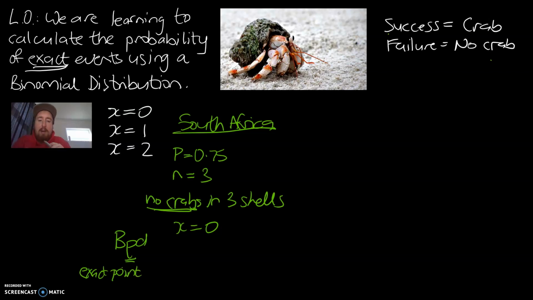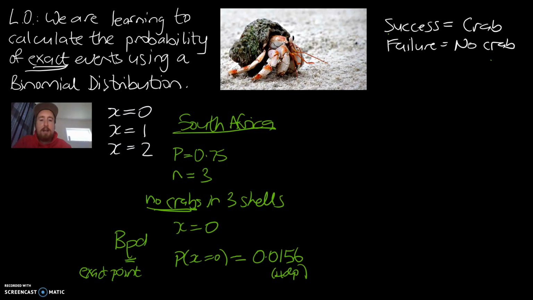So I'm going to put in x, which is 0, 3, which is the number of trials, and 0.75, the probability of a crab being in a specific shell. That tells me the probability is 0.0156, rounded to 4dp. So the probability of those 3 shells having no crabs is about 1.5%.